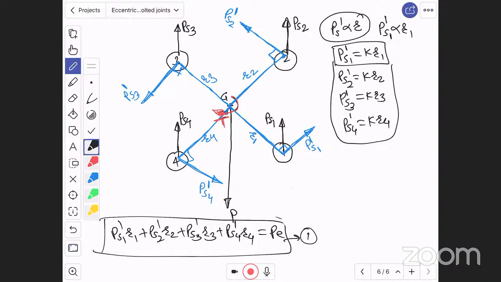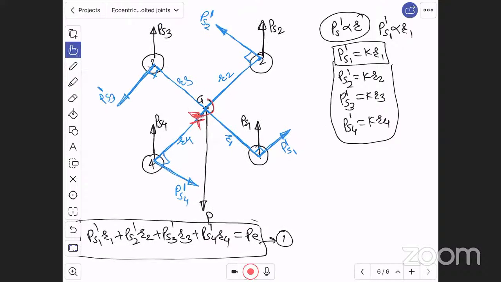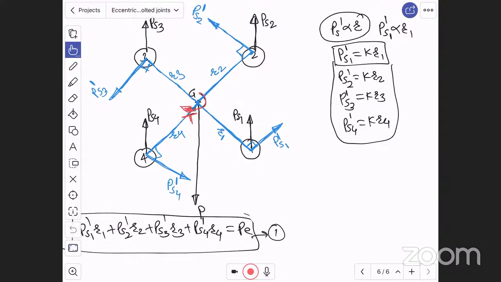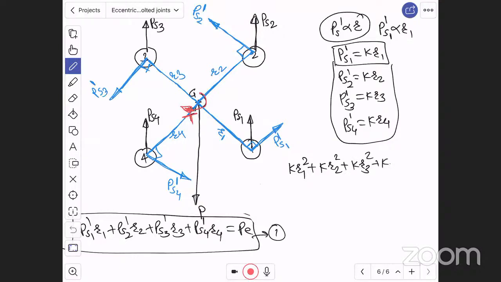इस equation में सारी values को put करो, right? Therefore, can I write the equation like this? Now the equation will become, instead of PS1 dash there is K r1 into r1. देखो यहाँ पे equation में PS1 dash की जगह K r1 into r1, means K r1 square, plus instead of PS2 dash K r2 into r2, that is K r2 square, plus similarly K r3 square plus K r4 square is equal to P into e.